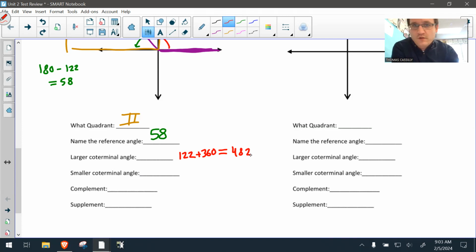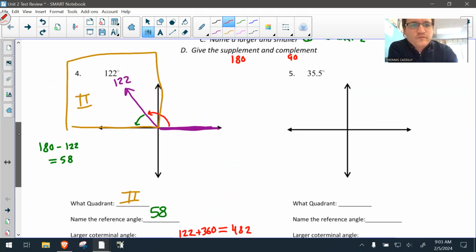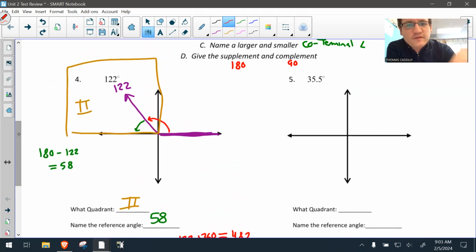A coterminal angle means we mentioned this is the terminal side right here. If I take this angle and keep going, if I hit this angle and pass through it and keep spinning, it's going to end at that same spot. So that is a larger coterminal angle.